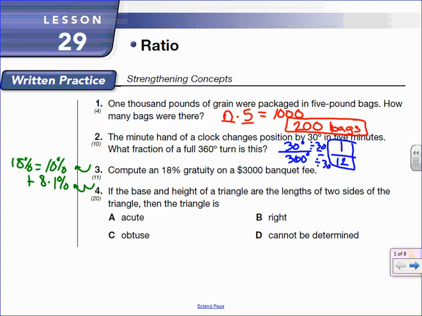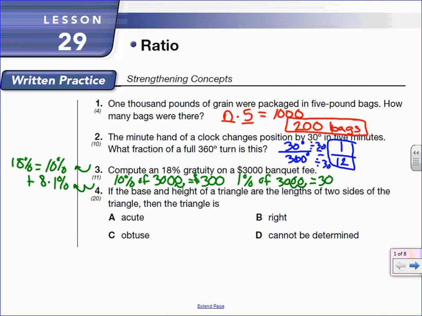So 10% of 3,000, if I have the decimal point here, I move it over 1 place, so it's going to be $300. And then 1% of 3,000, if the decimal point is here, I move it 2 places to the left, and it's $30.